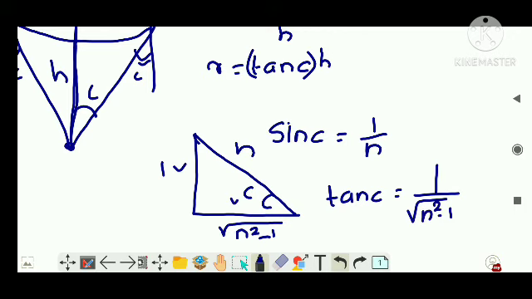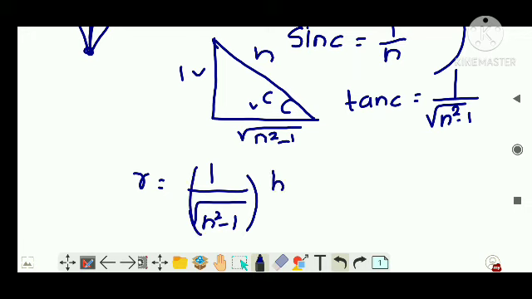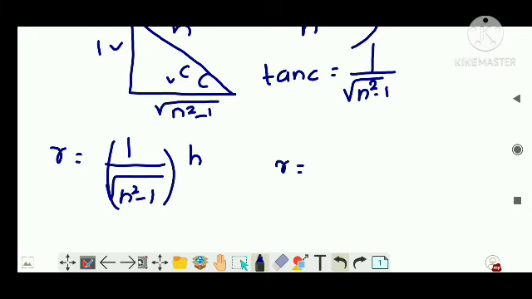This by this. Clear? Now I'm going to substitute this value here, so that r is equal to 1 by root of n squared minus 1 into h, or I can write r as h by root of n squared minus 1.